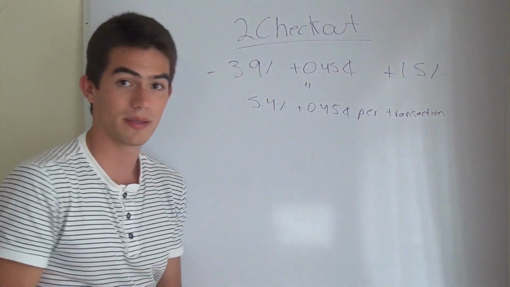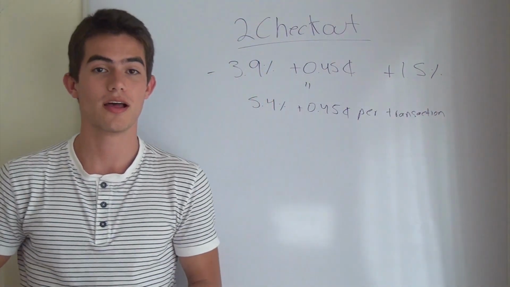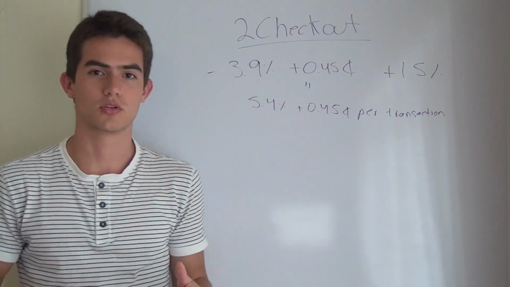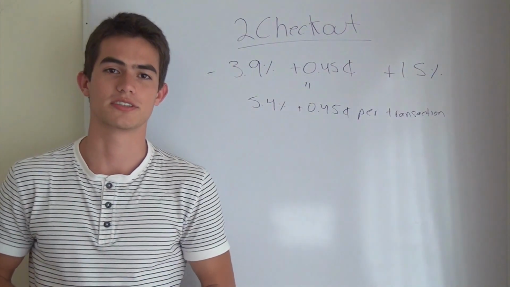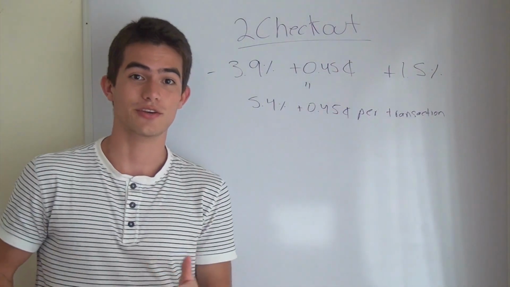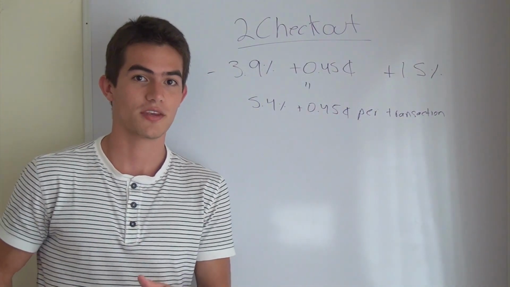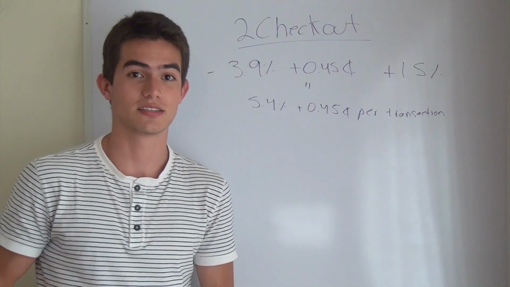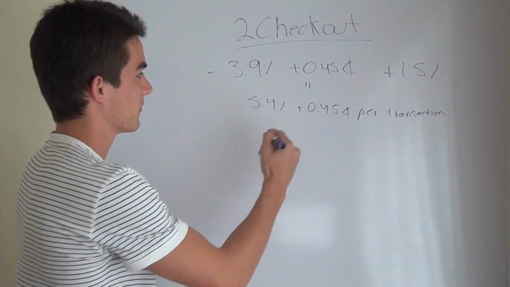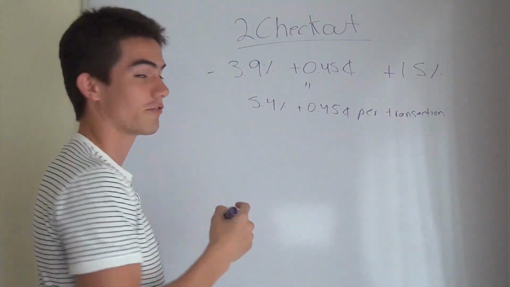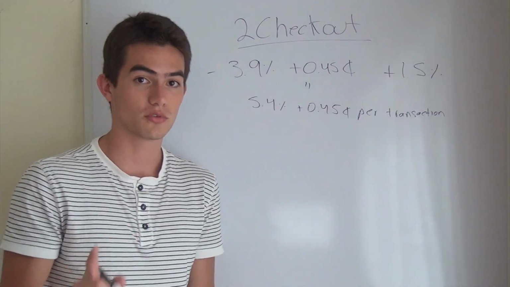Of course, this really adds up when you're doing a lot of volume. You're paying way more fees compared to around 2.9% with Shopify Payments. Now, Shopify is going to say, hey, you're not using Shopify Payments, so we're going to charge you an extra 2% per transaction. So you need to add an extra 2% from Shopify, from the platform, not from 2Checkout.